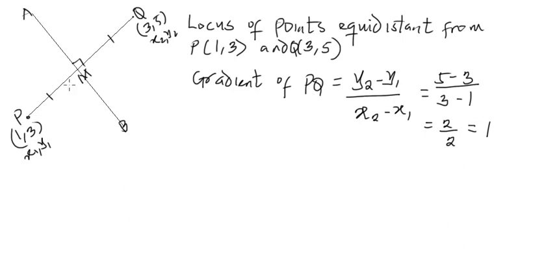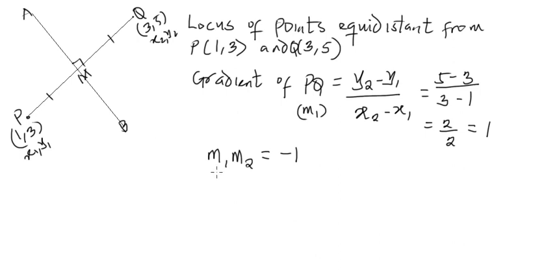And do not forget, line PQ is perpendicular to line AB. When two lines are perpendicular, note this, the product of their gradients, M1 times M2, equals minus 1. So if gradient PQ is termed M1, we want to find gradient M2, which is for the line AB.